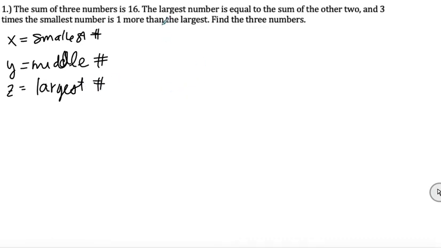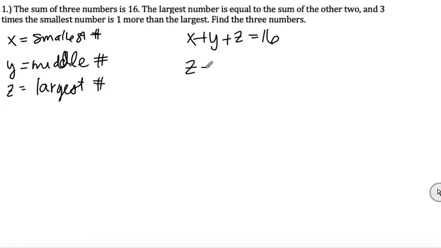So if I read the first statement here, it says the sum of the 3 numbers is 16. Well, x plus y plus z must equal 16 then. It says the largest number is equal to the sum of the other 2. So I defined z as the largest number.